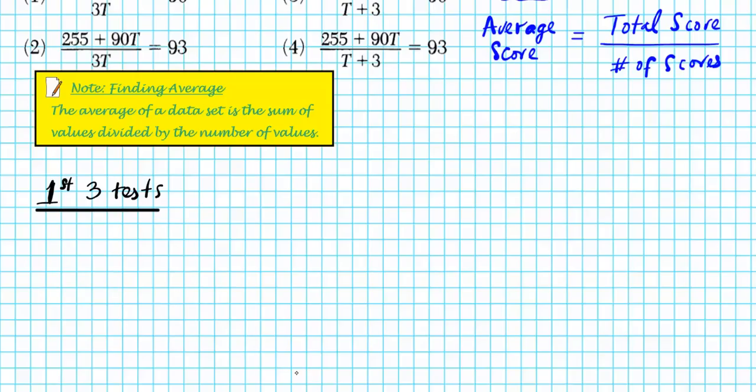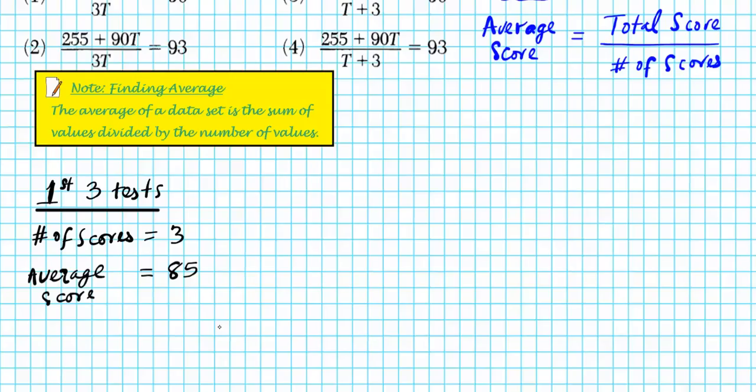For the first three tests, how many scores were there? The number of scores was 3. Now, what was the average score for the first 3 tests? The average score was 85.